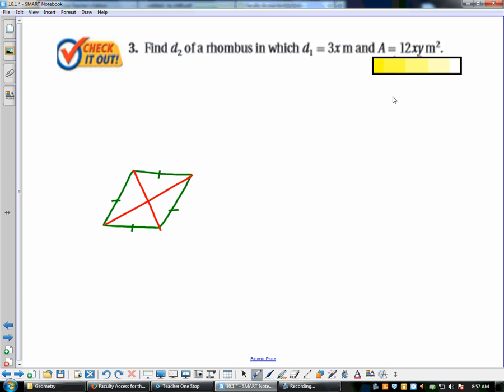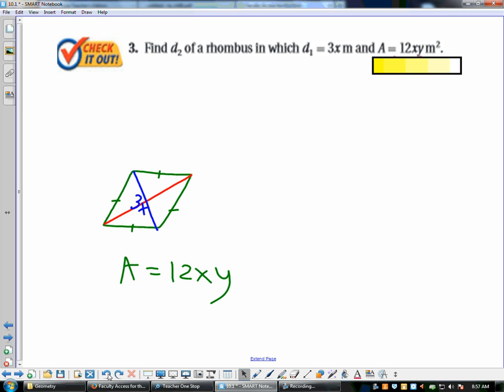I know that this diagonal, for example, is 3x. I don't know the other diagonal, but I know that the area of the whole thing is 12xy. So how are we going to find an expression for this diagonal?